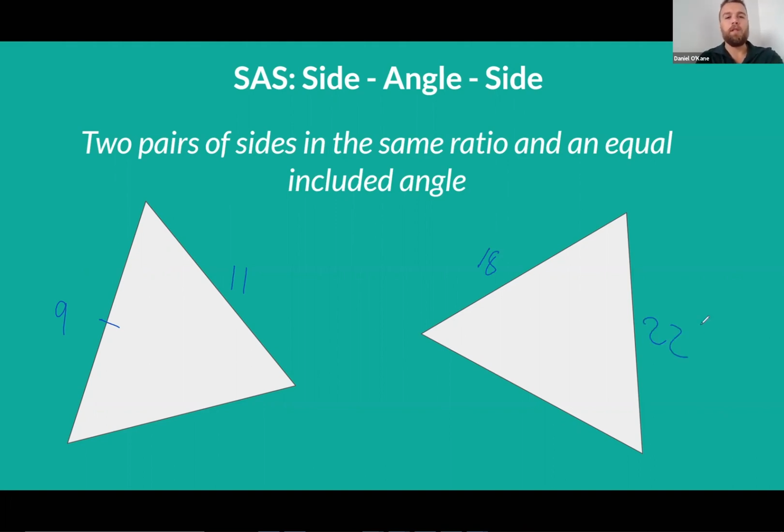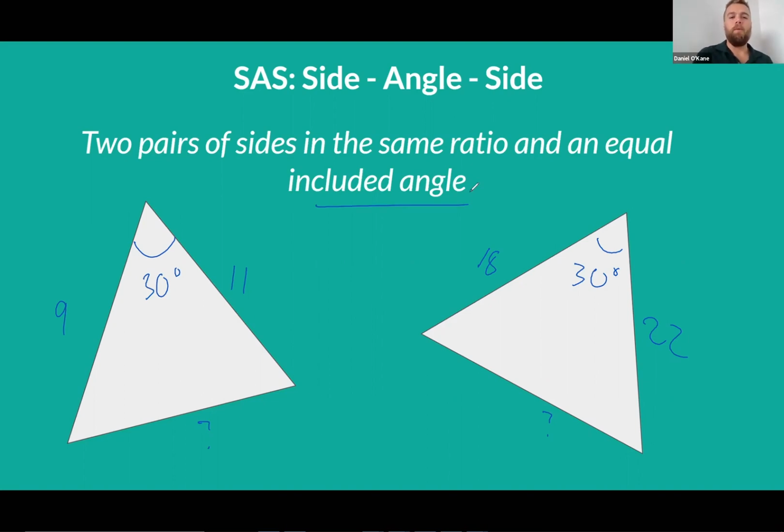If I've only got the two pairs of corresponding sides, but I don't know what this third side is, and I can't work out that third side because these aren't right angle triangles, I can't use Pythagoras' theorem. So if I don't know that third side, but I know these angles are the same, you have to look at the included angle.